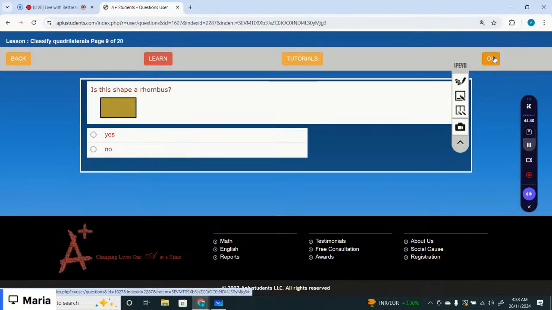Is this shape a rhombus? Which is the correct option? The correct option is yes. Option number one is the correct option.